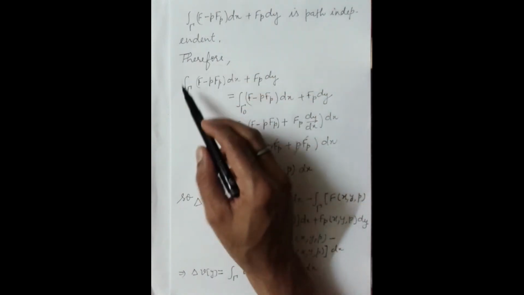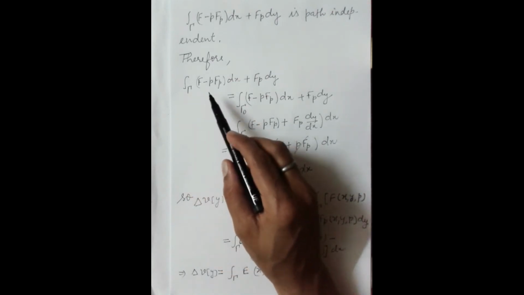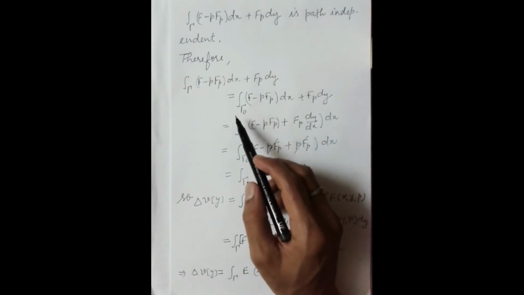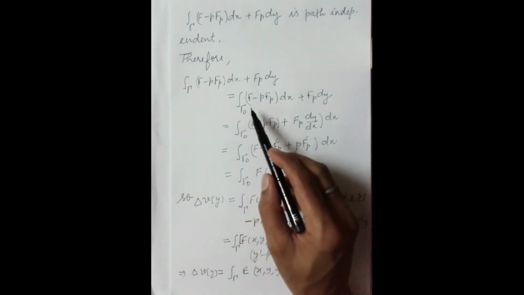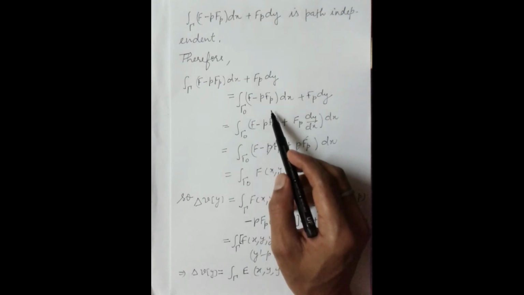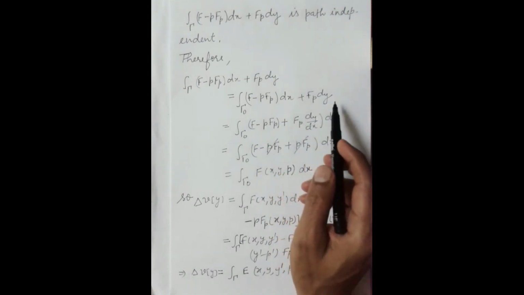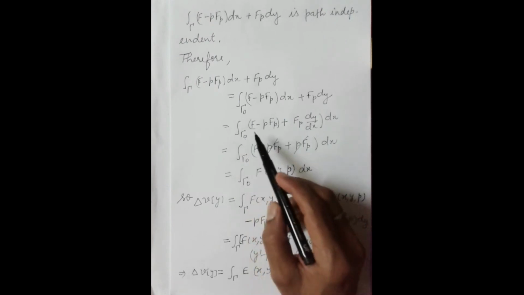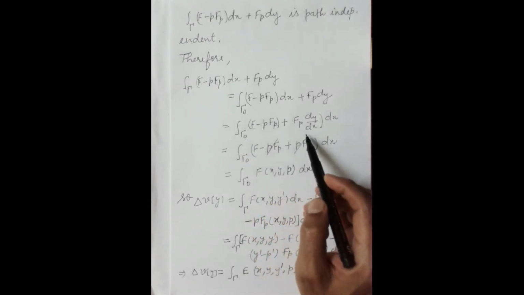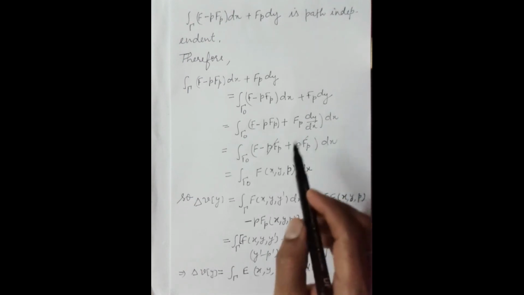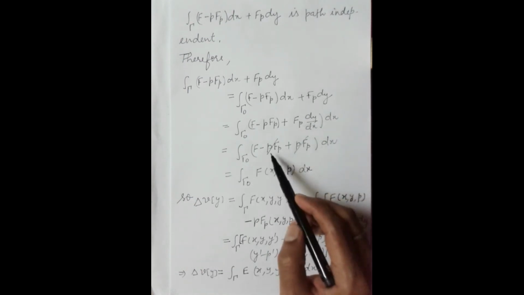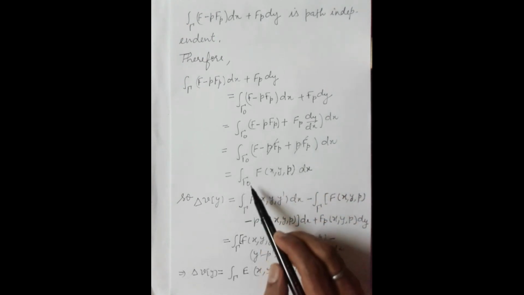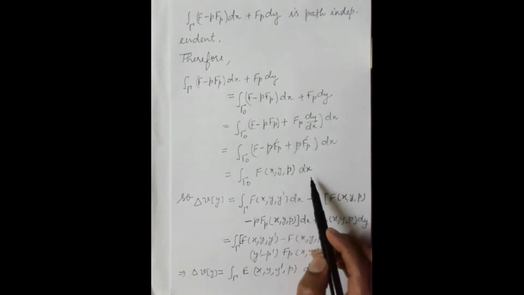Therefore, it is equal to the integral along gamma naught of (F minus pFp) dx plus Fp dy. This is equal to the integral along gamma naught of (F minus pFp plus Fp dy/dx) dx, with dy/dx equal to p. So pFp cancel, and we have the integral along gamma naught of F(x, y, p) dx.